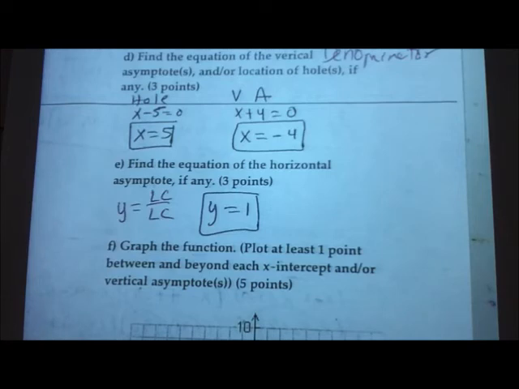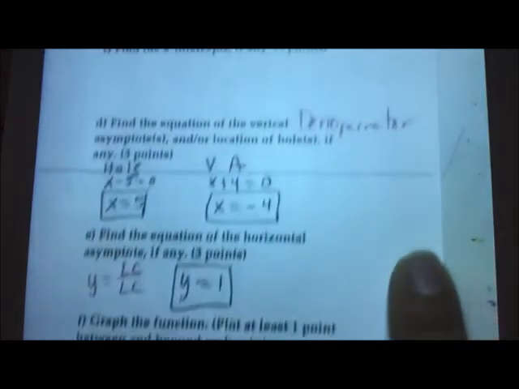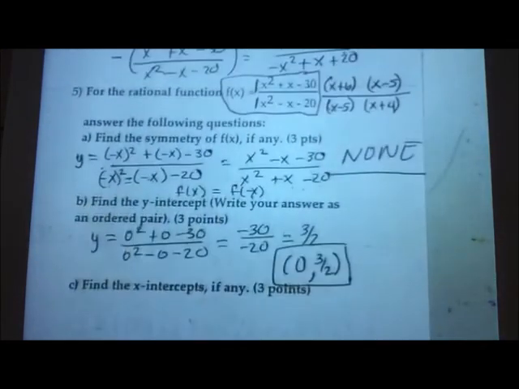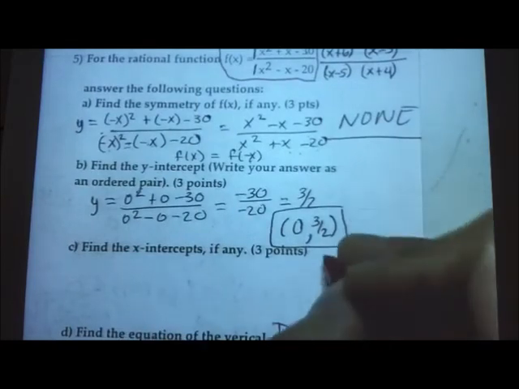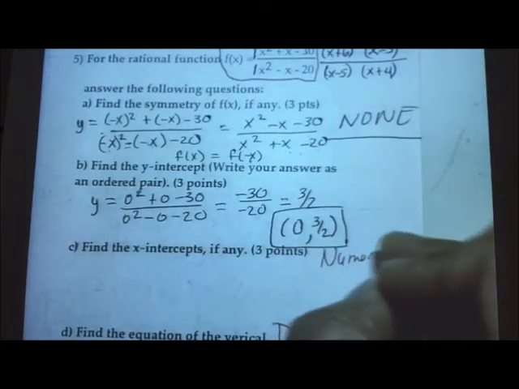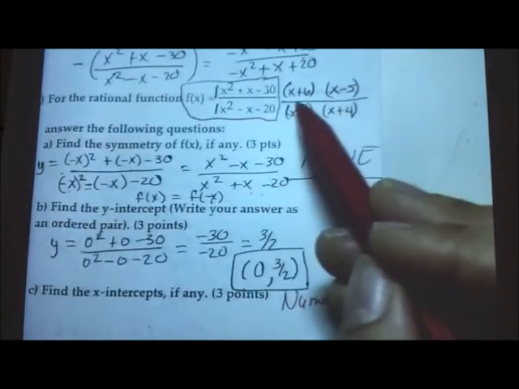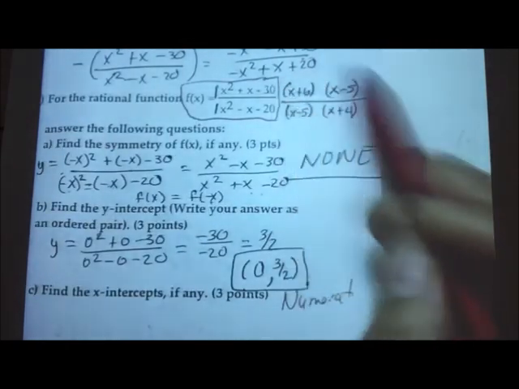Now, the only thing that I'm missing is my x-intercepts. We need to understand one little thing. When I look at this, my intercepts come from my numerator. But am I able to use both of these from the numerator?